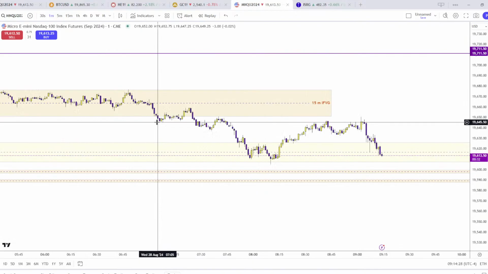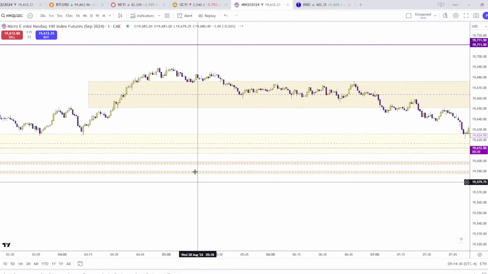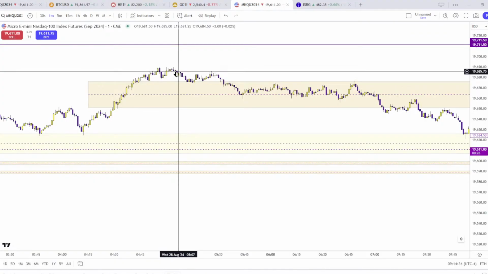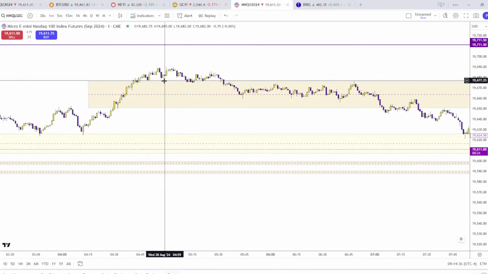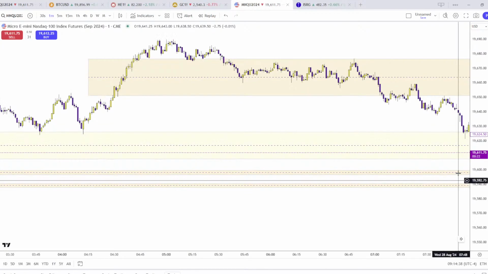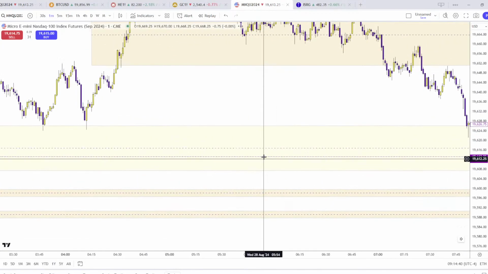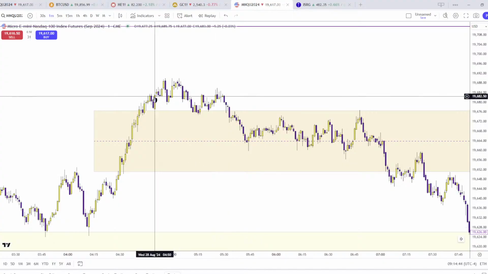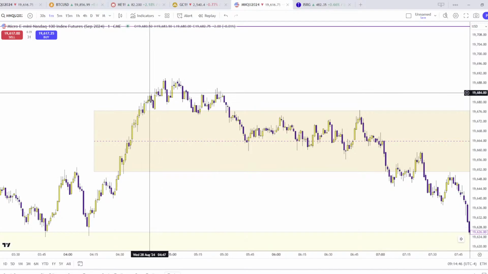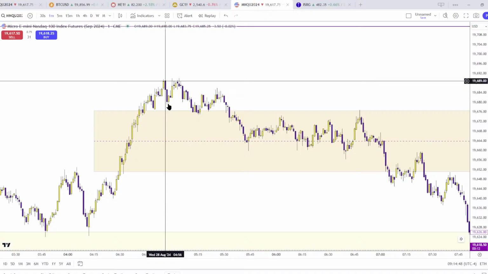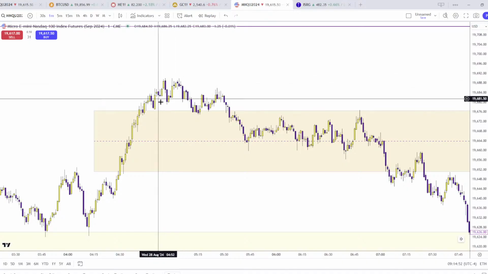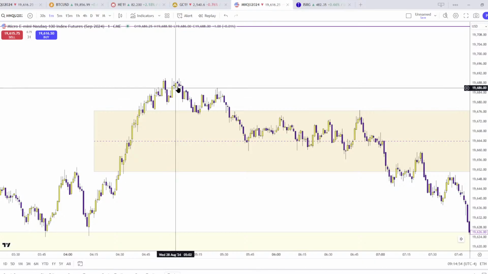1 minute. I want to see this candle here get taken. This candle here get taken.